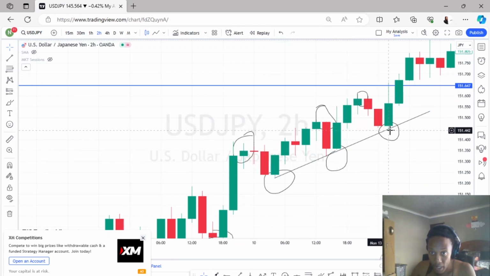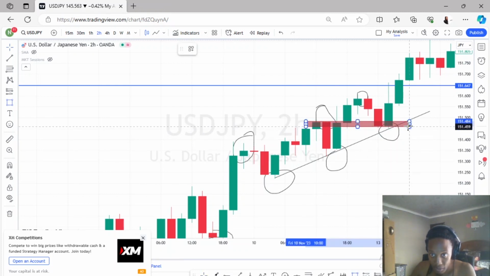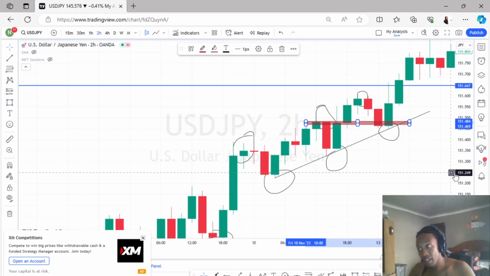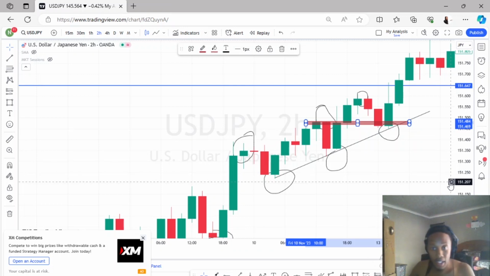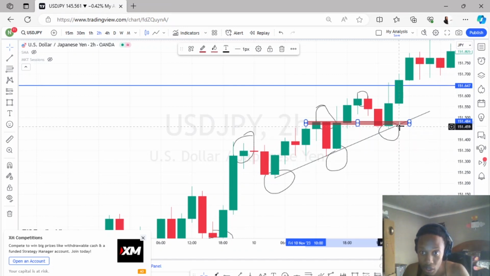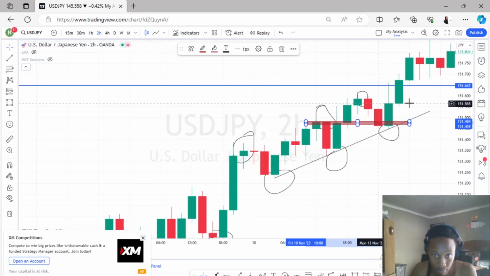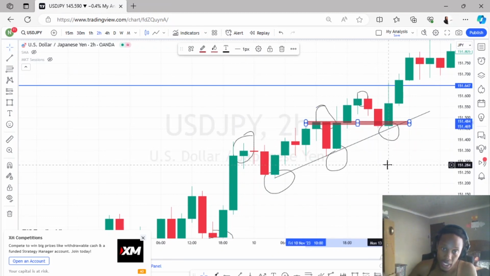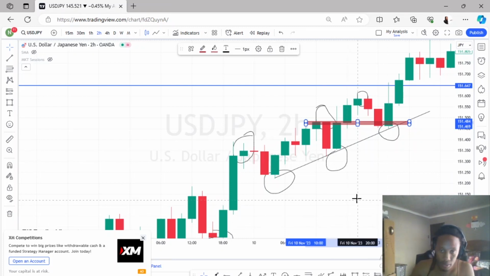Then we wait for the market to come and give us another higher low, where the previous higher point is now tending to higher low, tending to support. So that's our higher high, our uptrend, our bullish market.